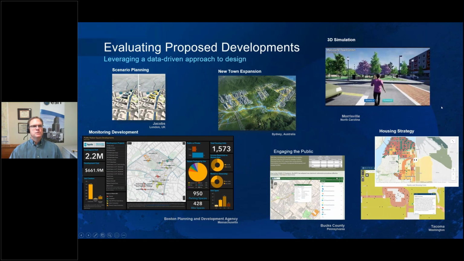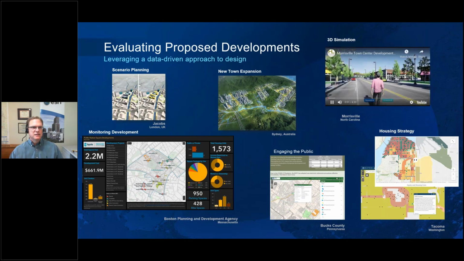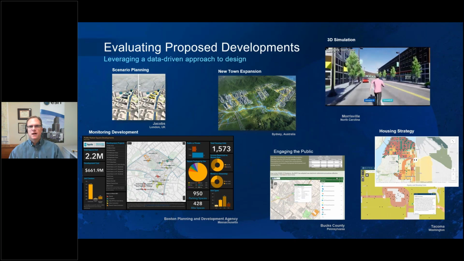And then also being able to evaluate proposed developments, right? So being able to take a data-driven approach to design. Now, this doesn't mean that everything is automated and there's not a human touch involved from the planners. There is, but there's a way to be able to better justify your designs as a planner.